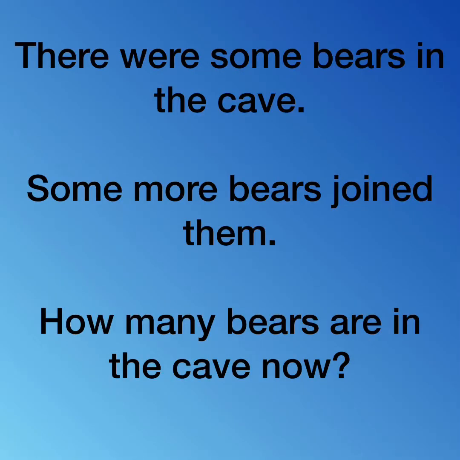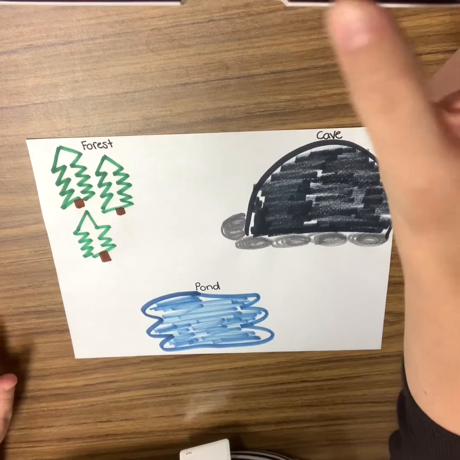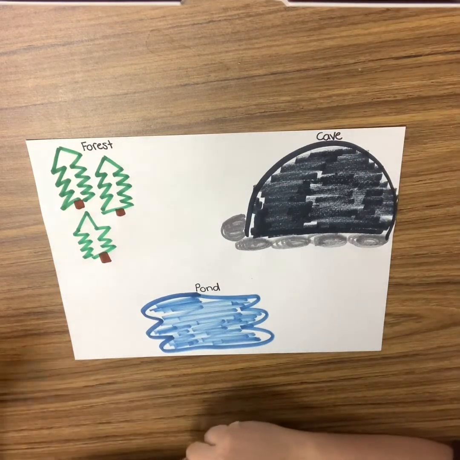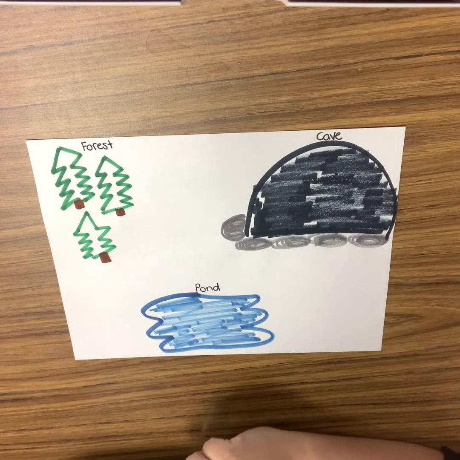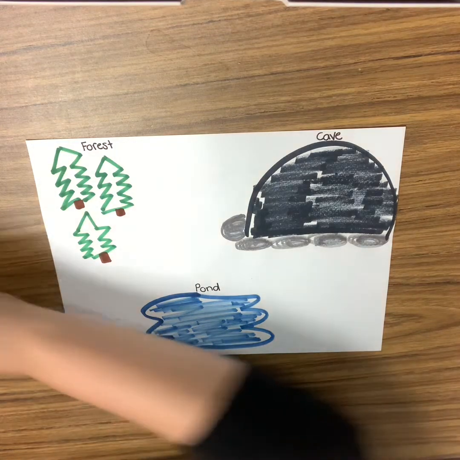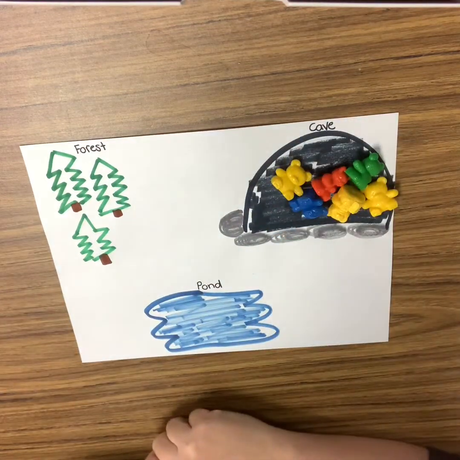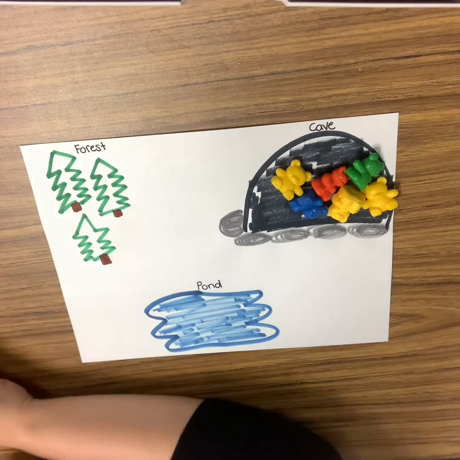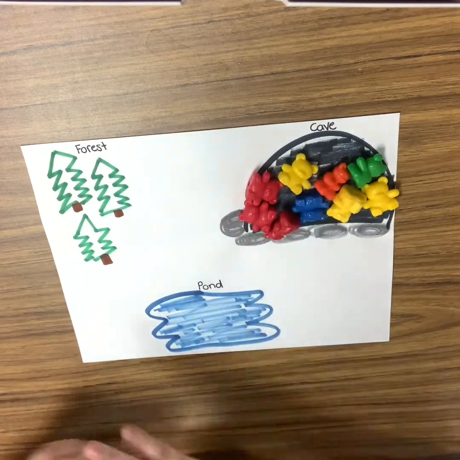There were some bears in the cave. Some more bears joined them. How many bears are in the cave now? Okay, guys, I'm going to act this problem out, and I want you to think if you need to add or subtract to find the answer. So it said there were some bears in the cave, and then some more bears came.